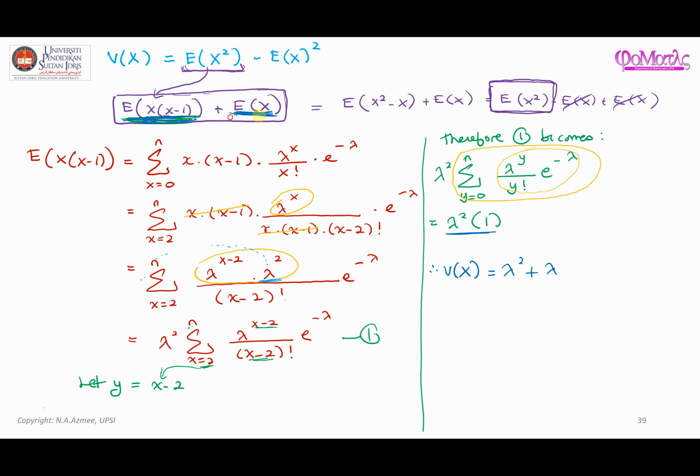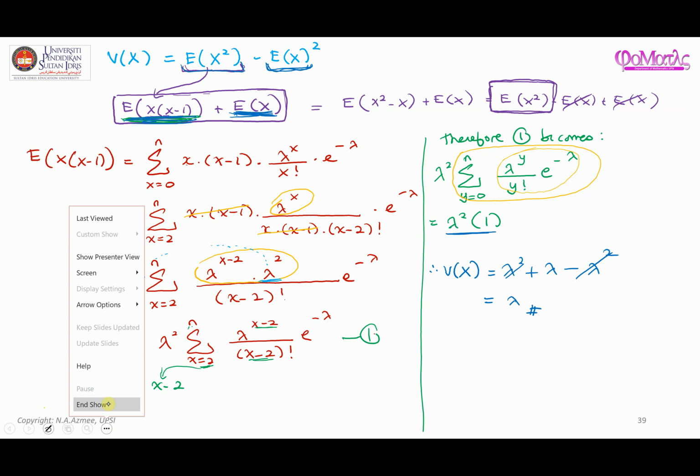So we are done with this part. Next, minus E[X] squared, so minus lambda, and you square it. Obviously this can be cancelled out, and so the result is that the variance of X is equal to lambda as well. Okay, I think that's all for now. Thank you very much for watching.